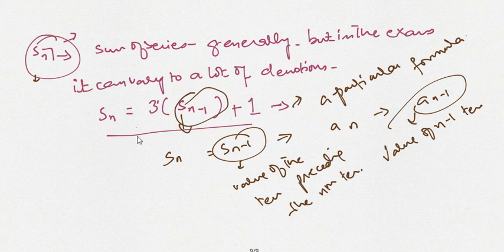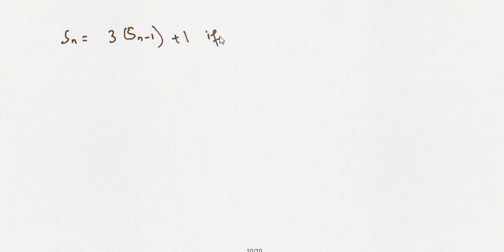So continuing with the part, if I want to extend this as a question, I would say that the sequence Sn is equal to 3 Sn minus 1 plus 1, and it says that if S1 is equivalent to minus 2, what is S4?